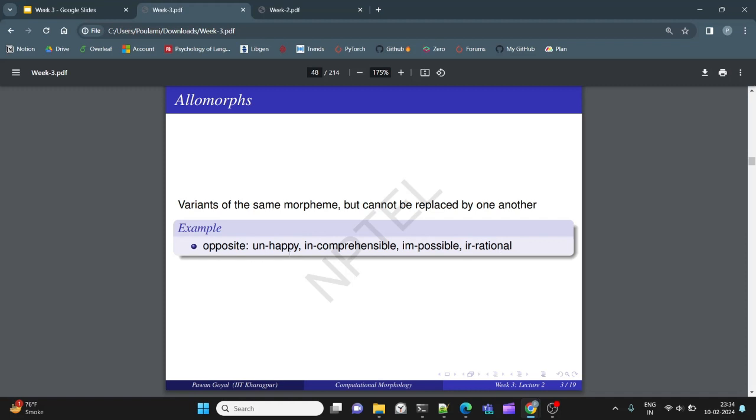All these, un, in, im, are prefixes which have the sense of opposite. But unhappy is a valid word, while inhappy is not valid. Similarly, uncomprehensible is not a valid word. Incomprehensible is the right word. So these are variants of the same morpheme, but they cannot be replaced by one another. That is what allomorphs are.